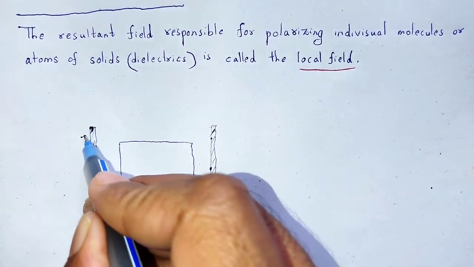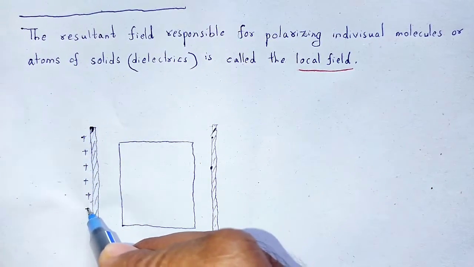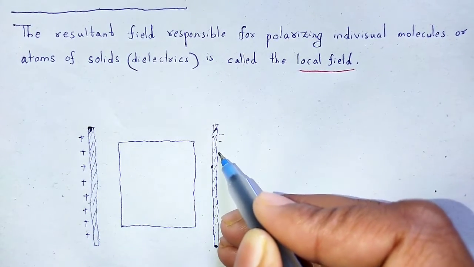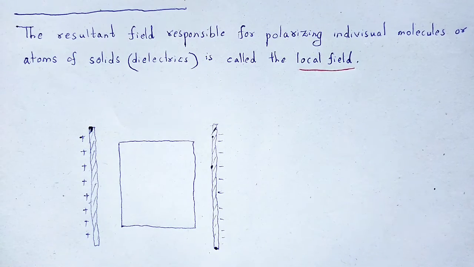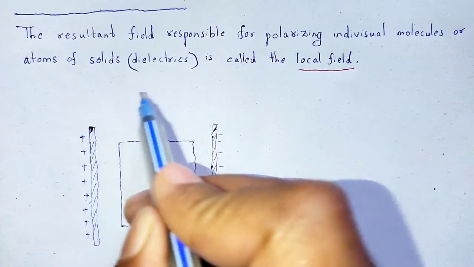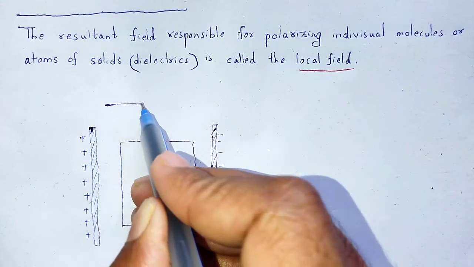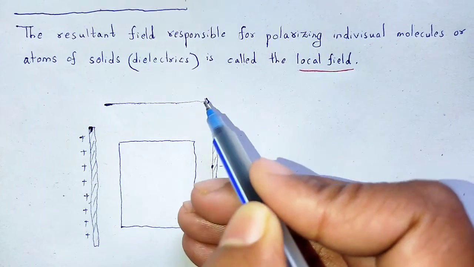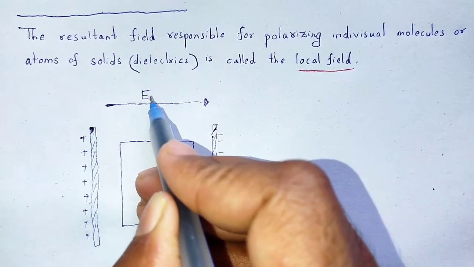One is positively charged, another one is negatively charged. Therefore, an external electric field is created in between the charged parallel plate capacitor. Let that external electric field be E naught.